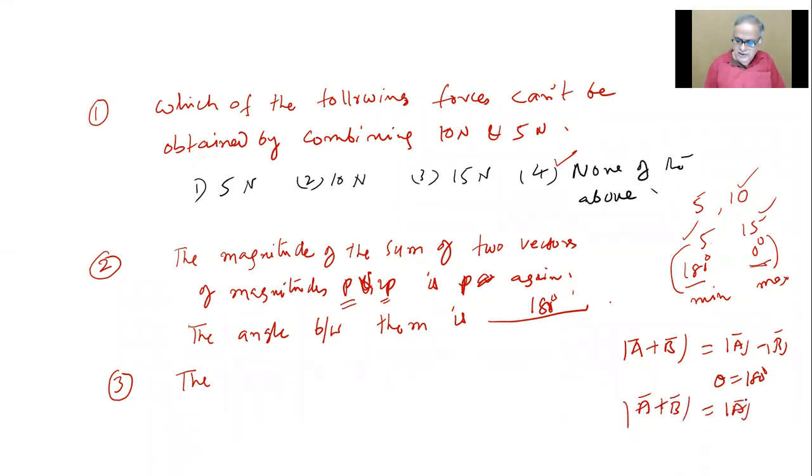Mod of A plus B equals mod A plus mod B when theta is 0. Isn't it, Takshil? Yes, sir. So you need to do from what we learned already. That's the reason I keep asking you to write your notes. Are you writing? Yes, sir. Okay. Now, I'll continue.